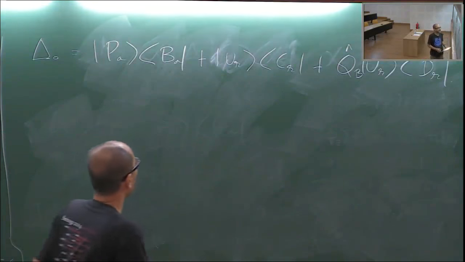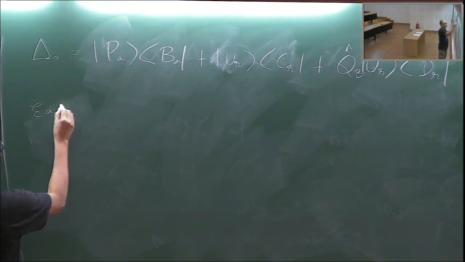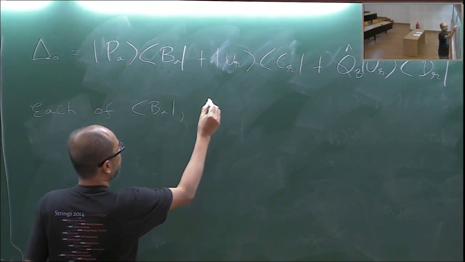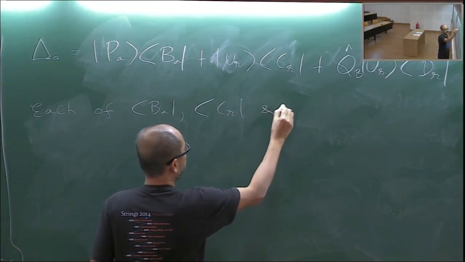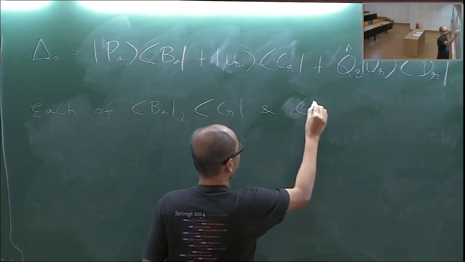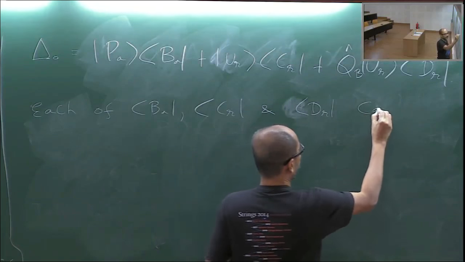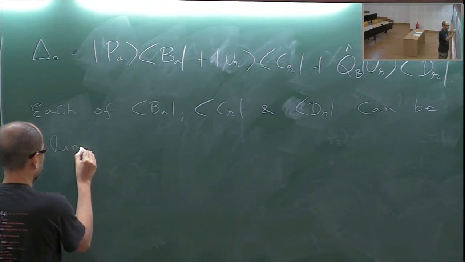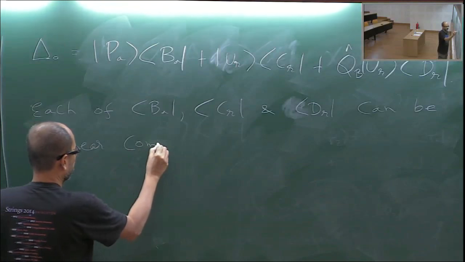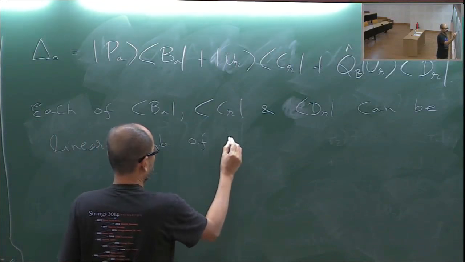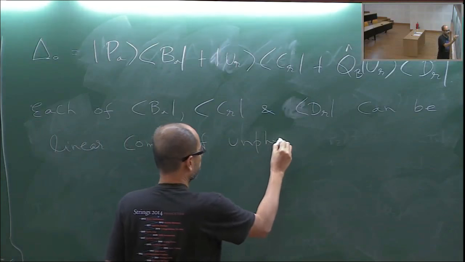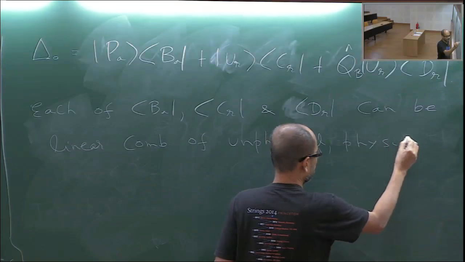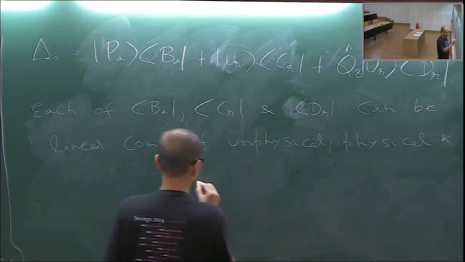Now each of BA, CR and DR can be a linear combination of unphysical, physical and pure gauge states.